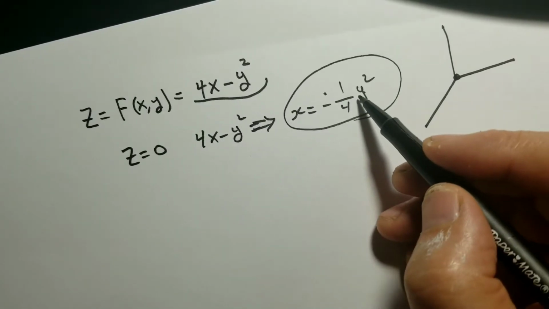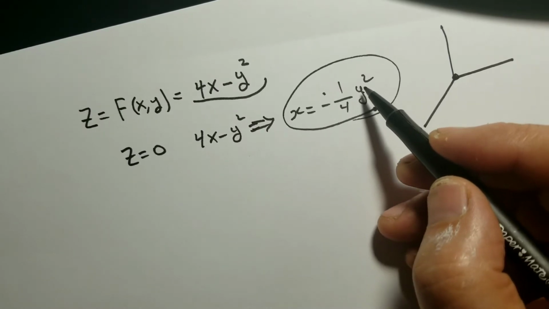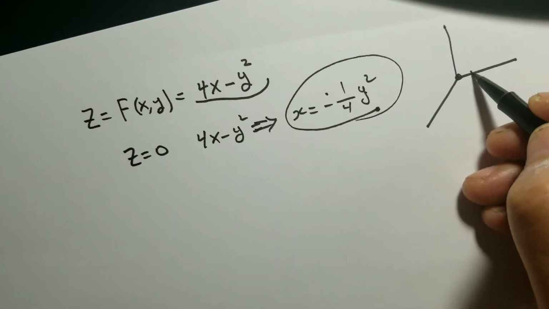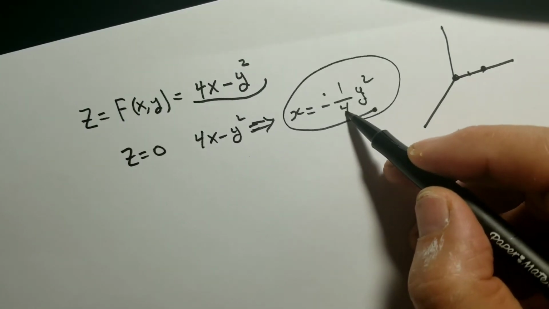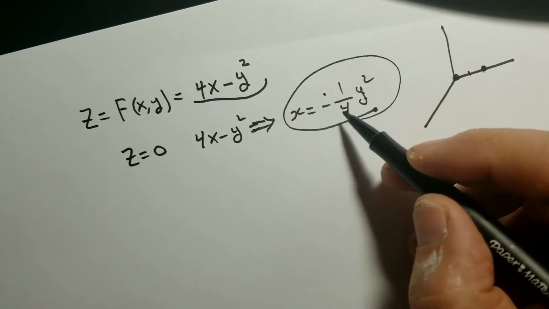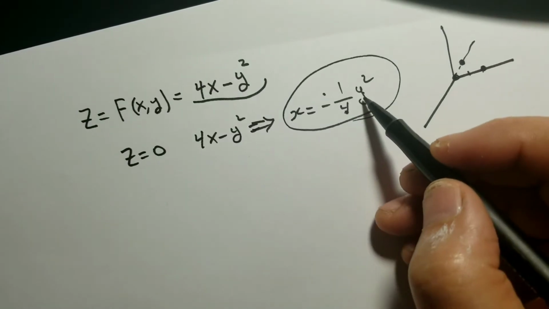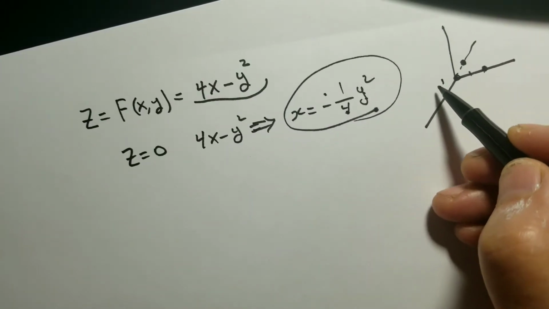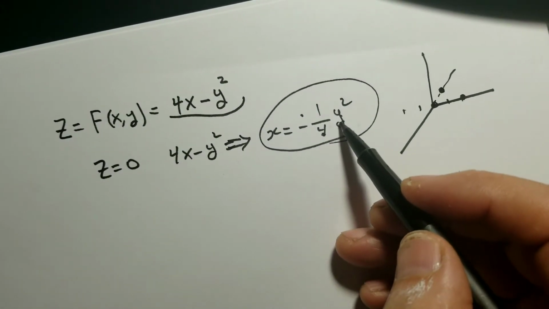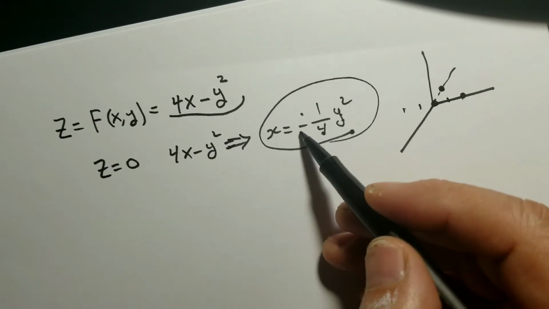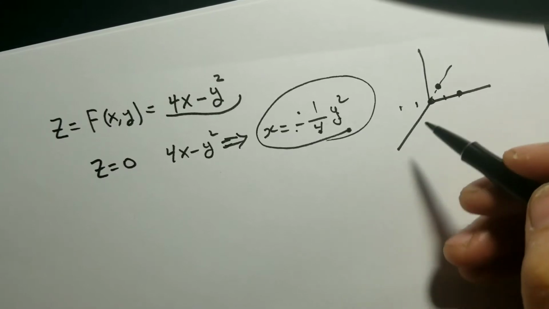But what happens when y becomes 2? 2 squared is 4, 4 over 4 is 1, so x is negative 1. But what happens if y becomes negative 2? Negative 2 squared is 4, 4 over 4, and x is going to become negative 1 again too.